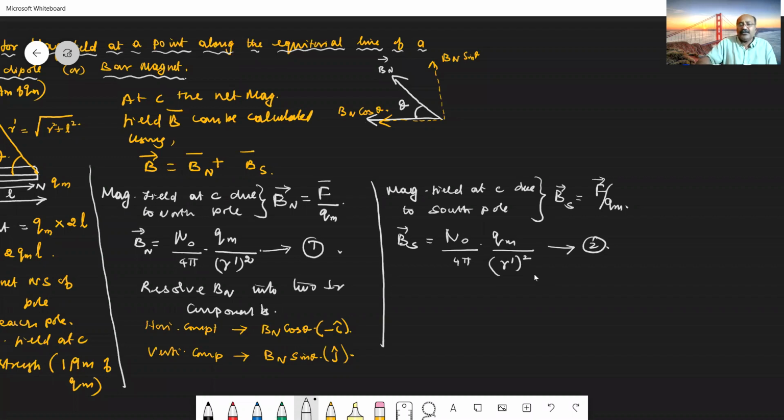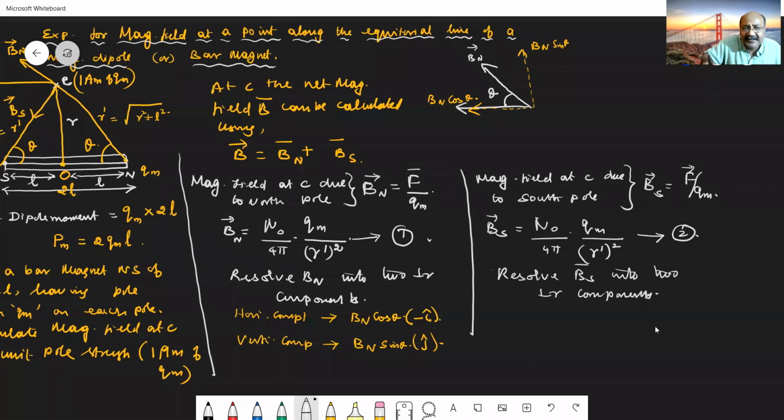Now what you can do to resolve this? Again, you write: resolve BS vector into two perpendicular components. Okay, look at the diagram. In what direction is that magnetic field acting? See, from C to B. Then I have to write along this direction.